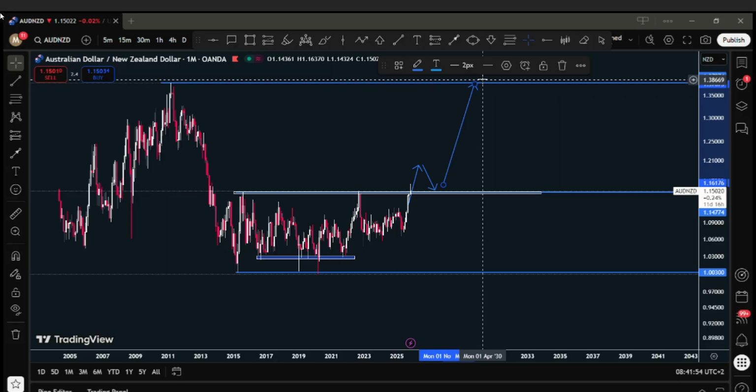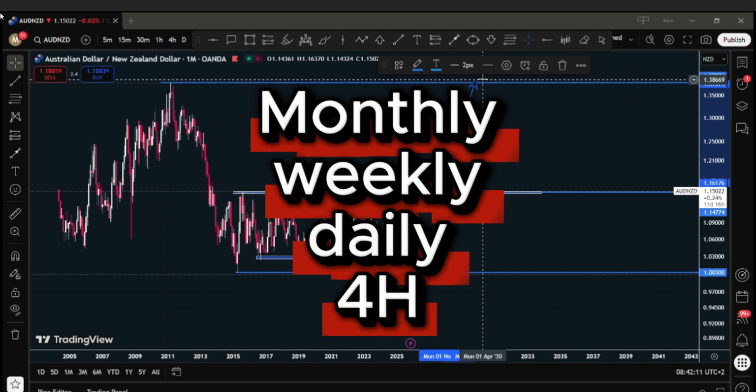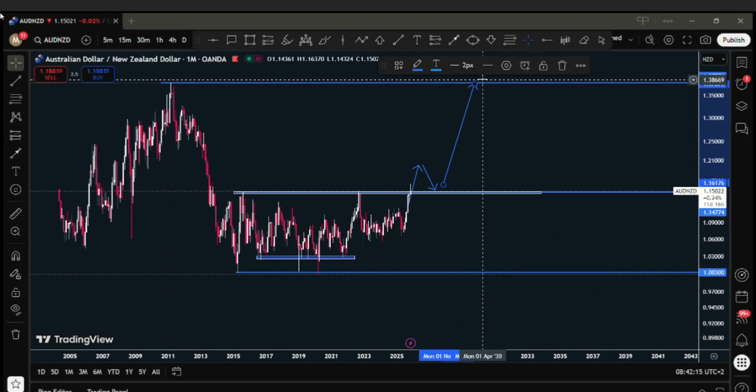So the market moves from support to resistance, resistance to support, support to resistance. This information alone is enough for you to have an idea about the direction of the market, while you are on higher time frames, daily, monthly, and so on. You know what you expect.